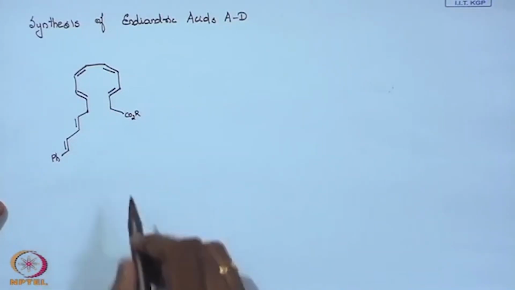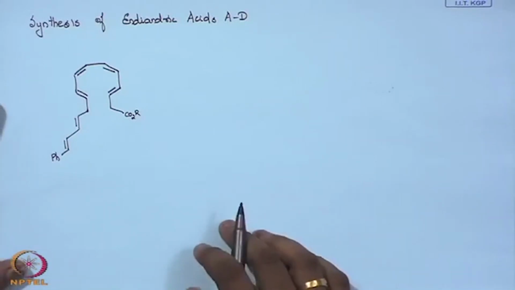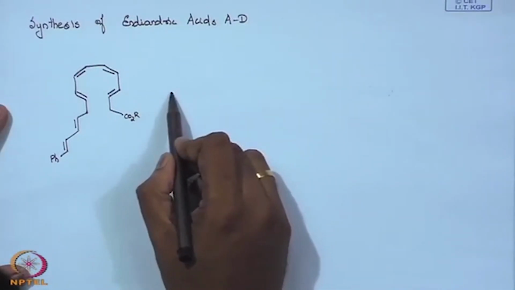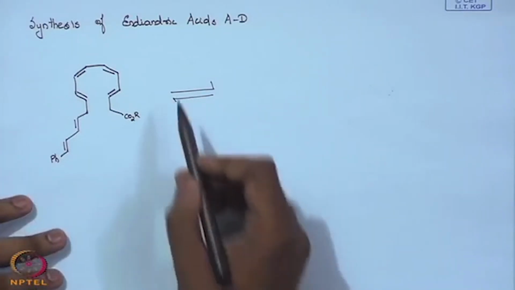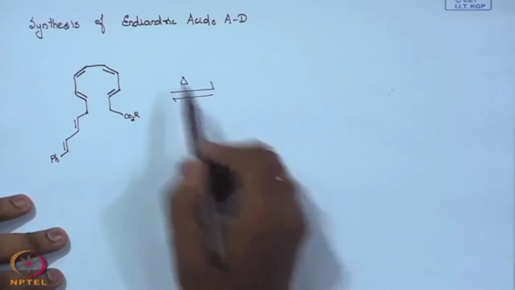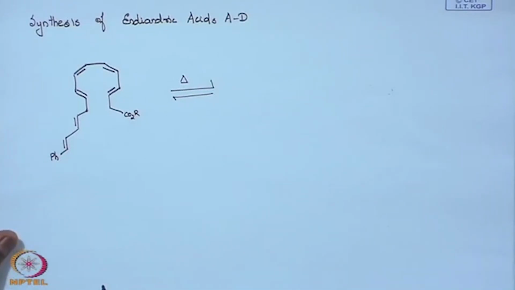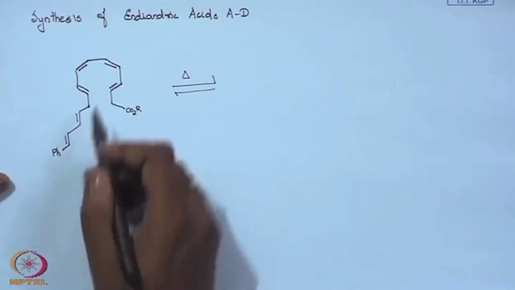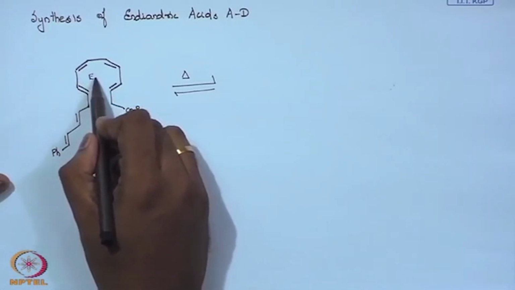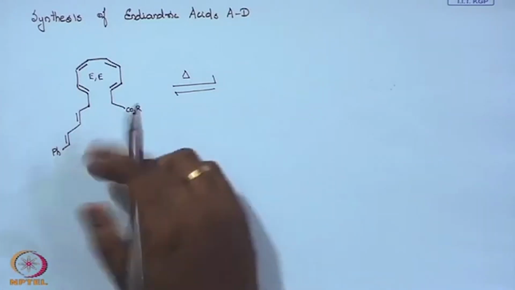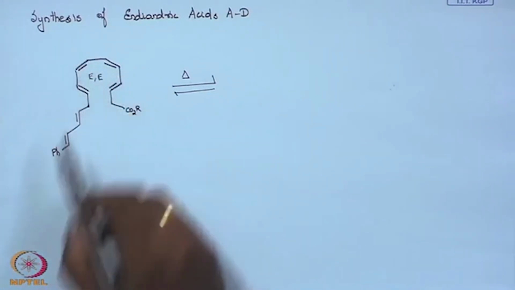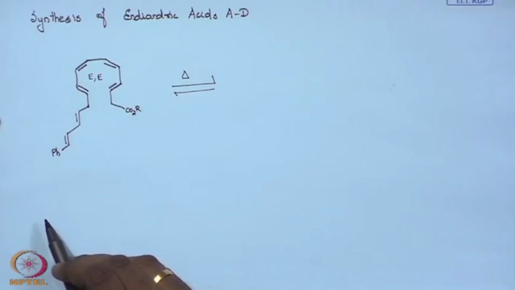See, if I do my electrocyclic reaction, for example, I take this and I heat it. So, what system is this? We can call this an EE, right? Yes. So, what system is it? If you involve this one, this is an 8 electron system, yes.